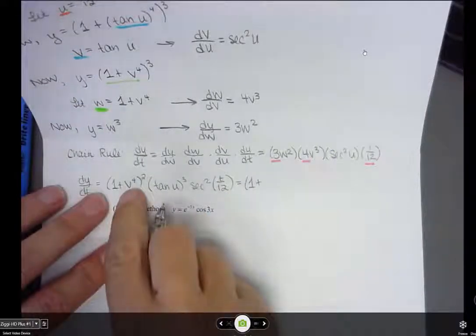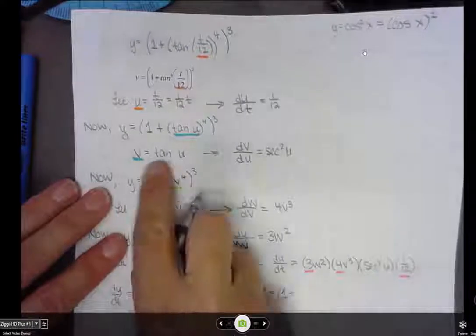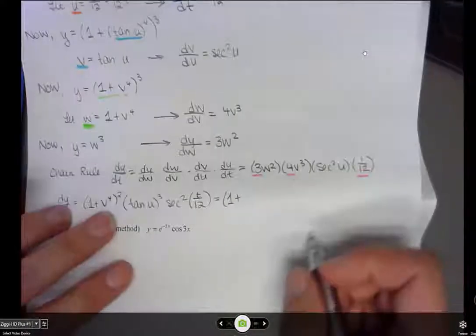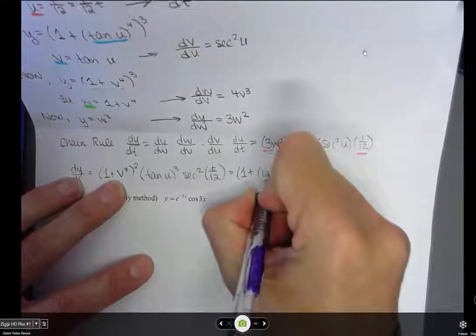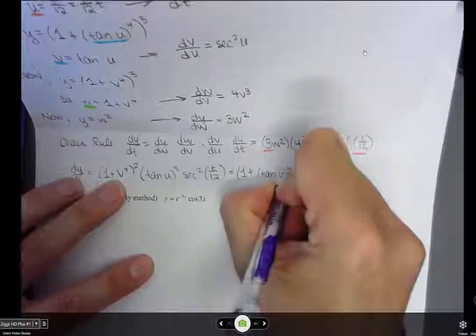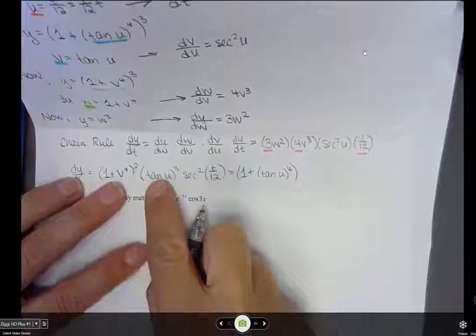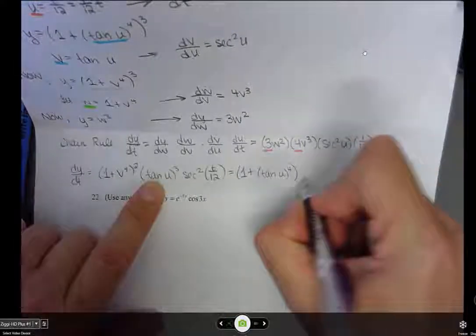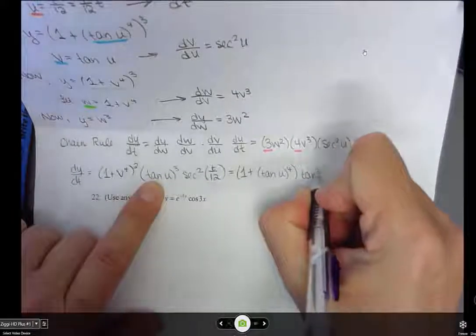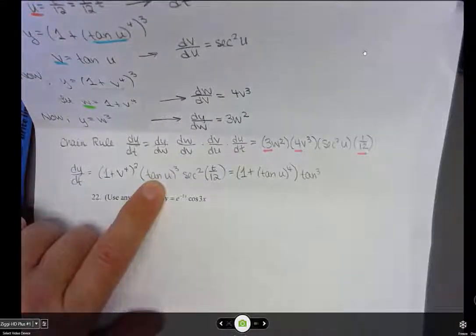Well, v is tan u. So 1 plus tan u to the 4th. And then tan cubed, because we don't need to take the derivative again, so I don't need the outside and inside to be as obvious.